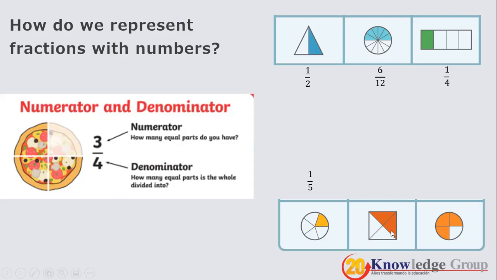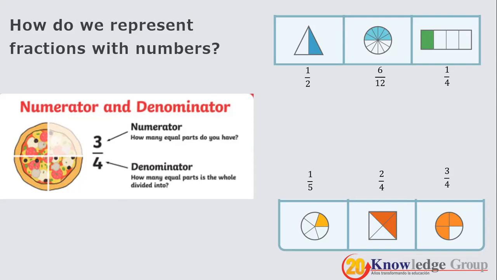And then my other one, this is a square that was divided into 4 parts. 2 out of 4 because I'm only coloring 2 parts out of the 4 parts I have. And my last circle is divided also into 4 parts. But I'm only using 3. 3 out of 4. You see?